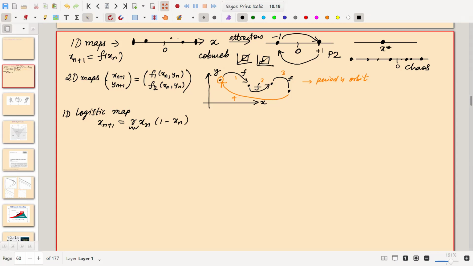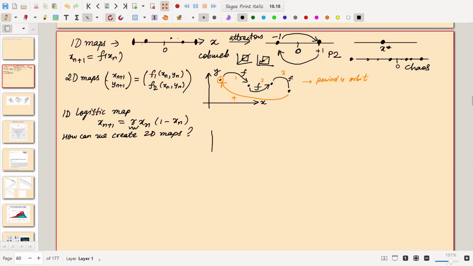So now the question is, how can we create 2D maps? Any ideas? In order to understand that, I will give you some ideas.